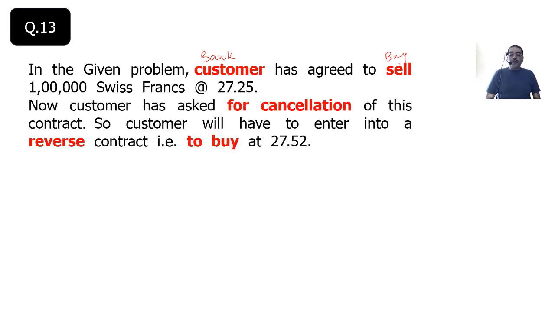Now customer has asked for cancellation of this contract. So customer will have to enter into a reverse contract, that is to buy at 27.52. Customer is going to buy, so bank will sell. So this is the ask rate.